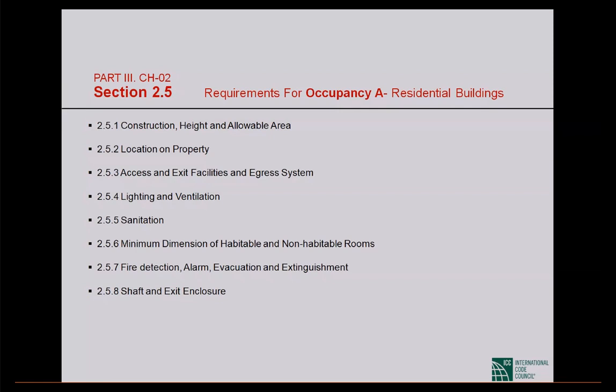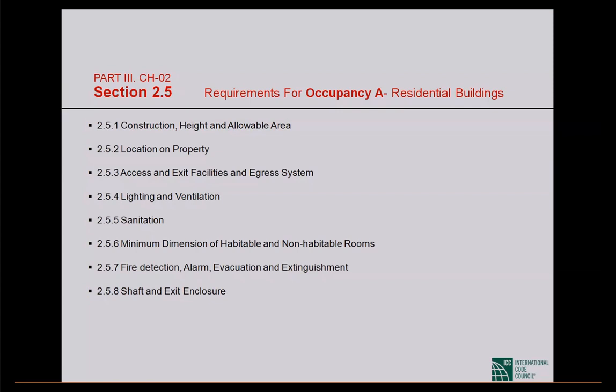The subsections here are construction, height, and allowable area, 2.5.1. 2.5.2 is location on property. 2.5.3 is access and exit facilities and egress system. 2.5.4 is lighting and ventilation. 2.5.5 is sanitation. 2.5.6 is minimum dimension of habitable and non-habitable rooms. 2.5.7 is fire detection, alarm, and evacuation system. 2.5.8 is shaft and exit enclosure.